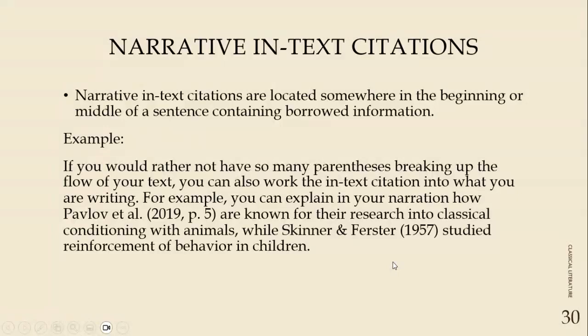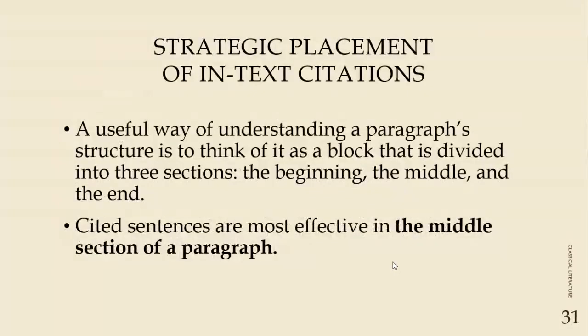It really would break up the flow. It would be like hitting a speed bump in the middle of that body paragraph, and we don't want that. So, strategic placement of in-text citations.